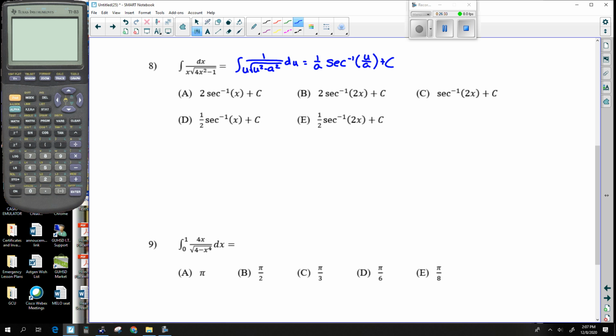Let's see if we can make this happen. So a squared I said is 1, that makes a equal to 1. Good to go. U squared I said is 4x squared, that makes u equal to 2x.